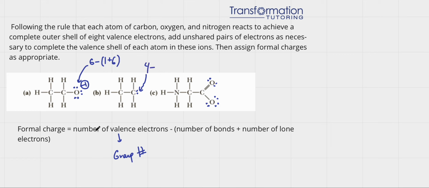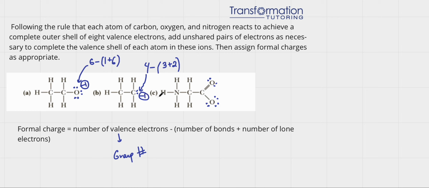So it has 4 valence electrons minus number of bonds. This carbon has 3 bonds, minus 3 plus number of lone electrons, 2. 4 minus 5 is minus 1. So this carbon has to have a minus 1 charge.